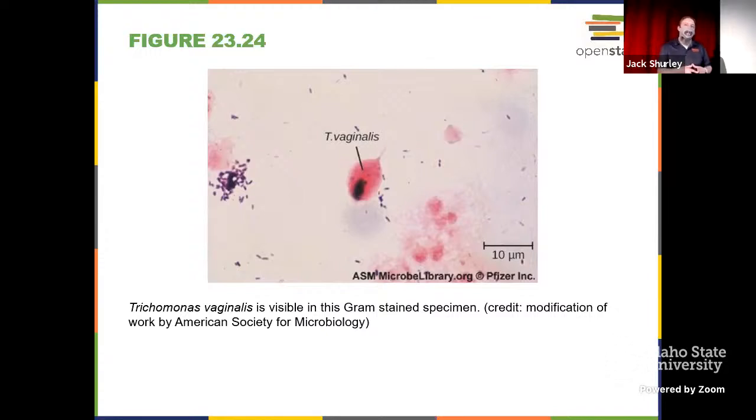So both partners need to be treated, even if one feels as if they are fine. They both need to be treated, and that ensures that the infection won't be reintroduced after the therapy is stopped. So it is something that is sexually transmitted, but there are other possibilities as well.